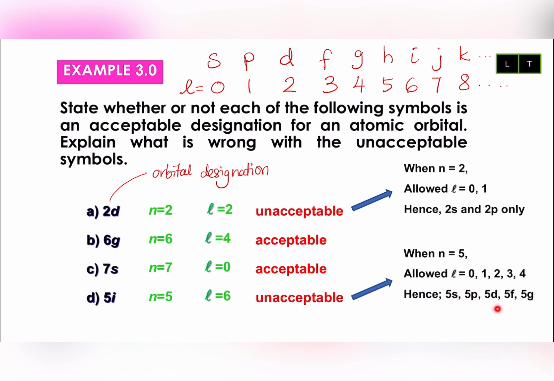So you can only have these 5 orbitals for n equals 5. You can see there is no 5i based on this example. That is why 5i is an unacceptable orbital designation for n equals 5.